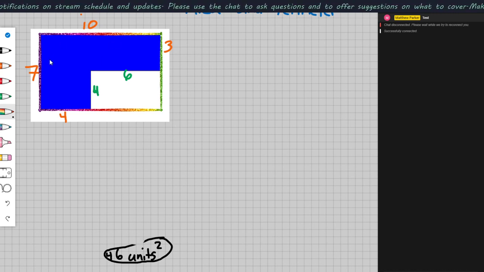Like a candy bar with some square rectangle bite taken out of it. So I want to find out what this area is before the bite was taken out.